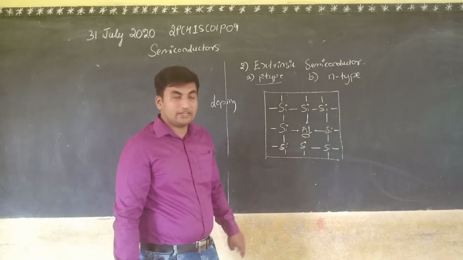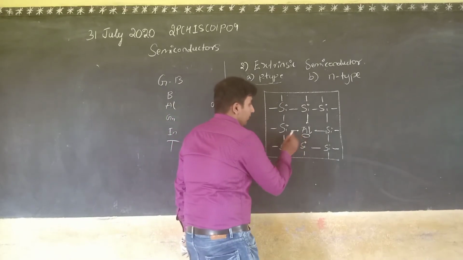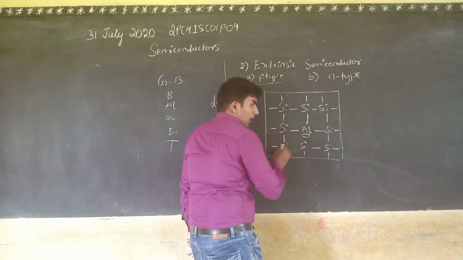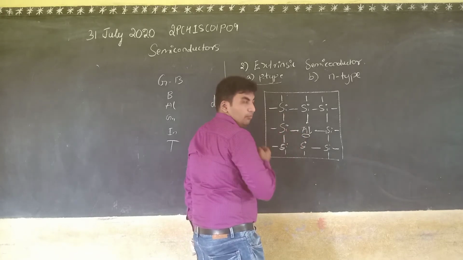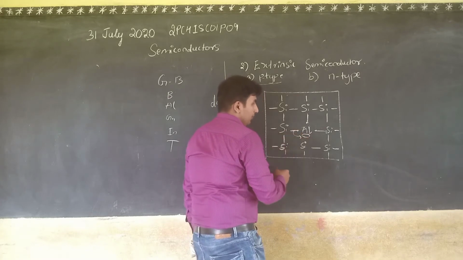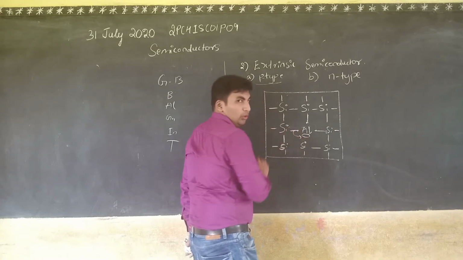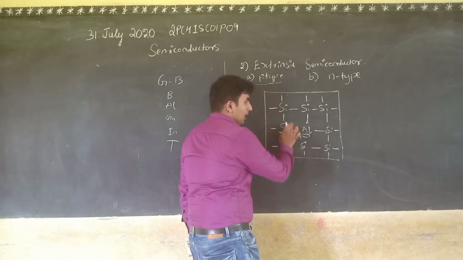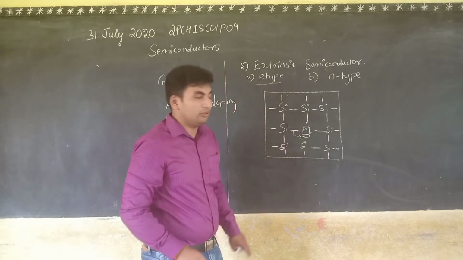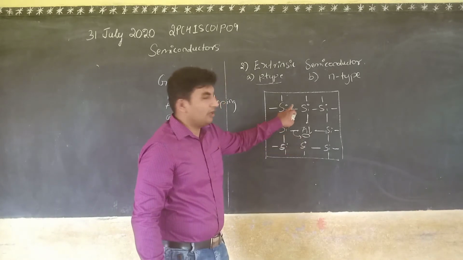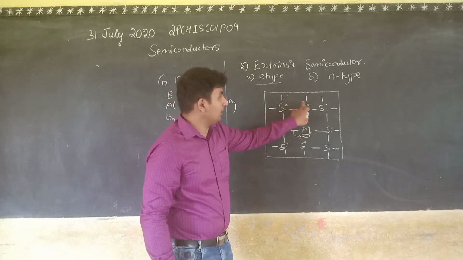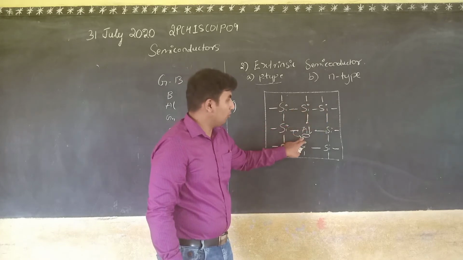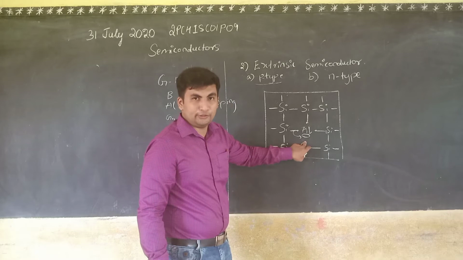How is it a charge carrier? Because if I consider the neighboring silicon-aluminium bond, an electron will shift here and create a hole here. Like this, it happens repeatedly, the electron shifts and a hole is created in the neighboring position.